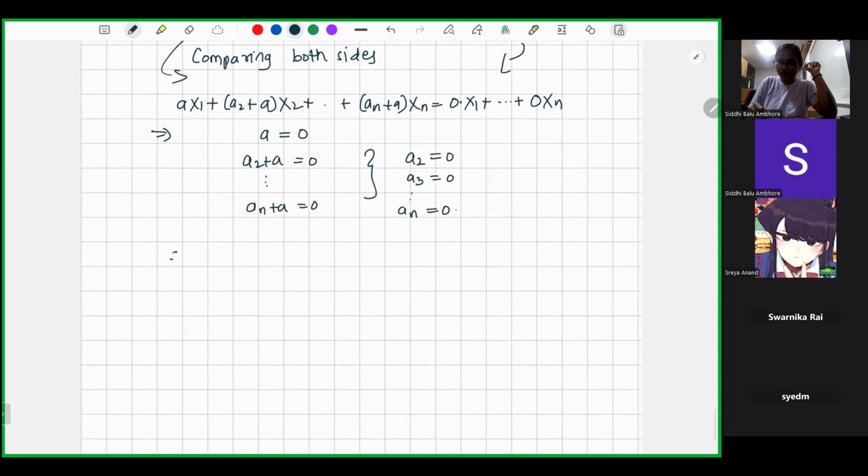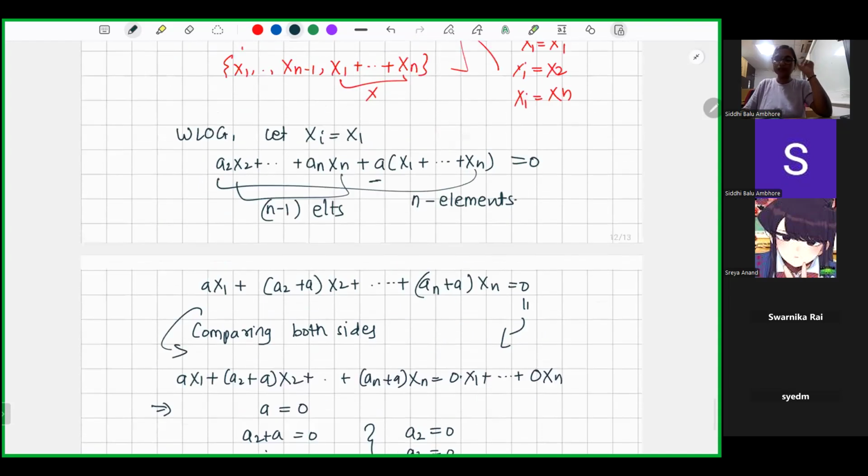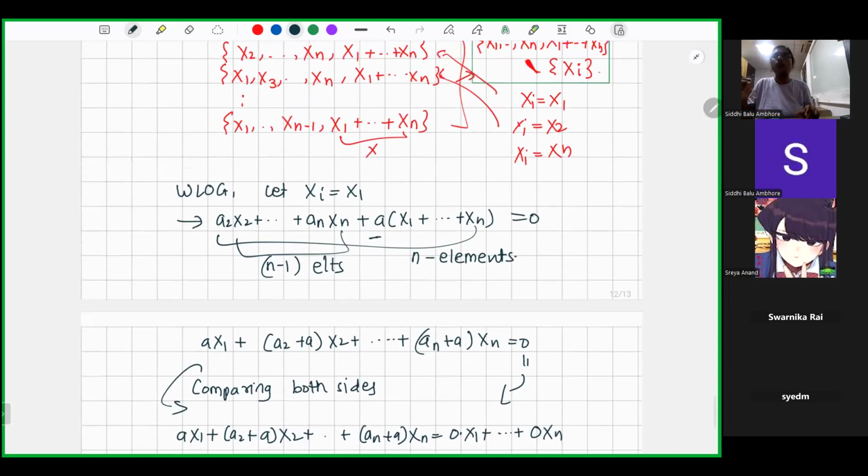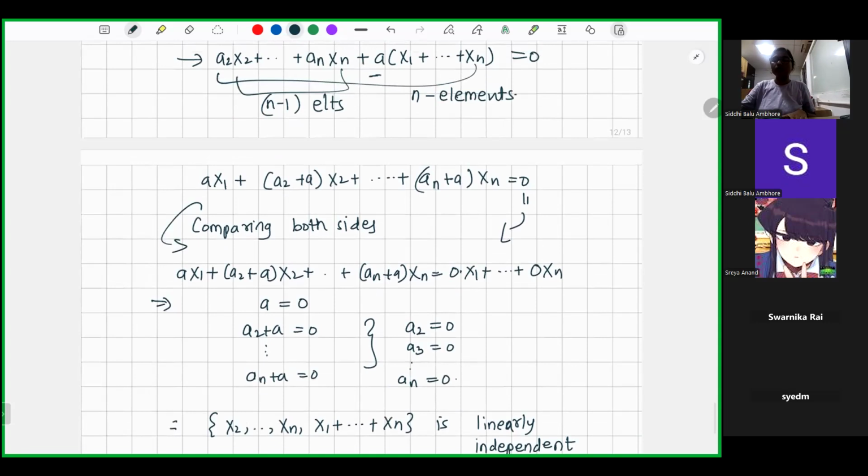Therefore, this set x2 up to xn, and x1 plus up to xn is linearly independent, because the moment I started with any linear combination such that the resultant is 0, the coefficients turned out to be 0 in each case.